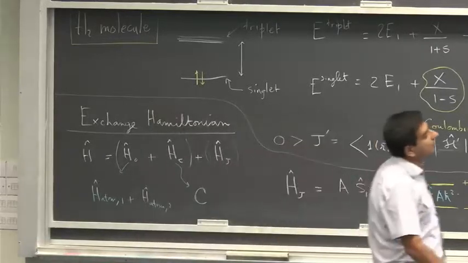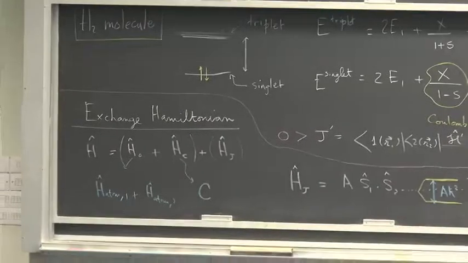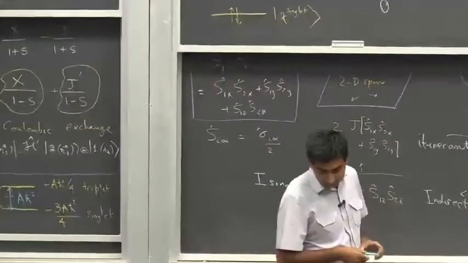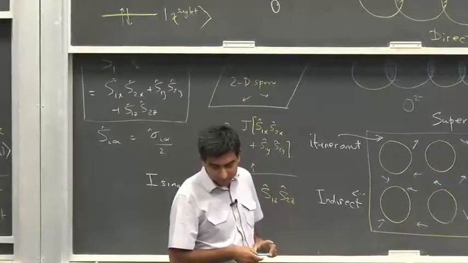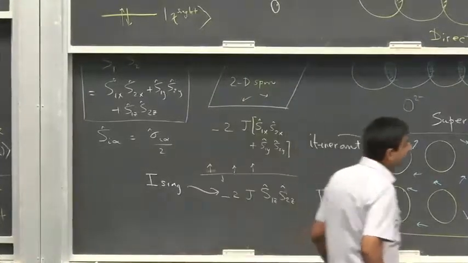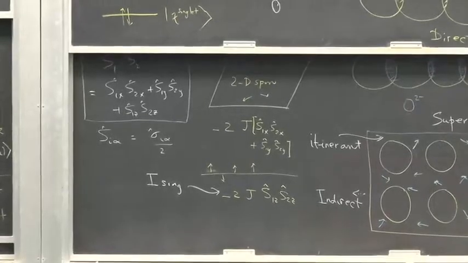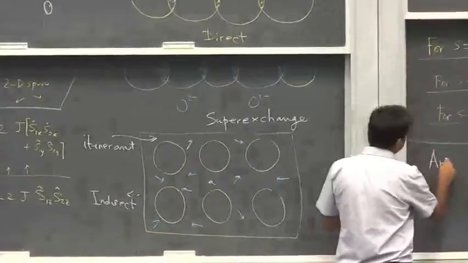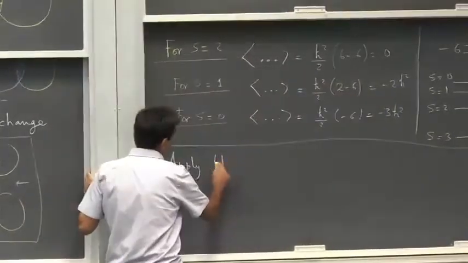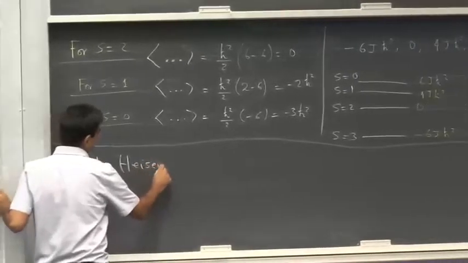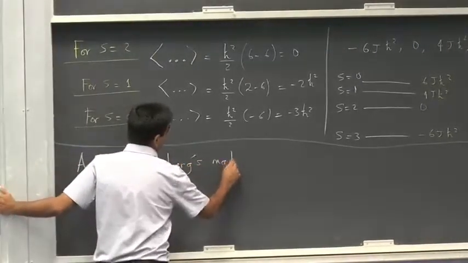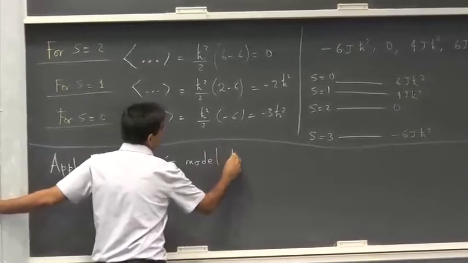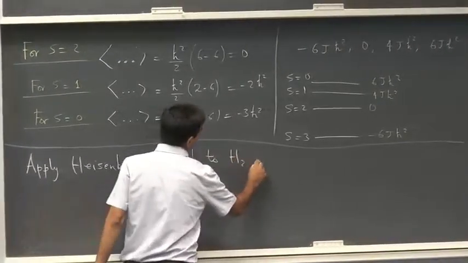So how do I start this discussion? What we're going to do is apply Heisenberg's model to the dihydrogen molecule.